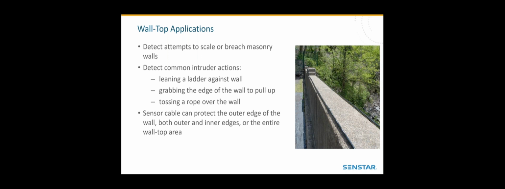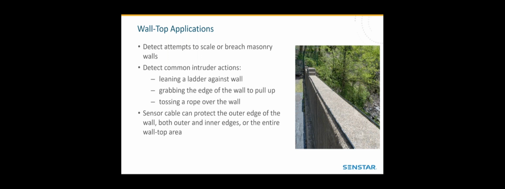So think of a gated community where you've got a nice wall around that gated community. People don't want to see a coil of razor wire or a little mini fence sitting on top of the wall. They want protection on their wall. And typically they want foliage. So they don't want to have to cut back the trees dramatically or eliminate them. So this wall top deployment is an effective means of providing perimeter detection in that scenario.